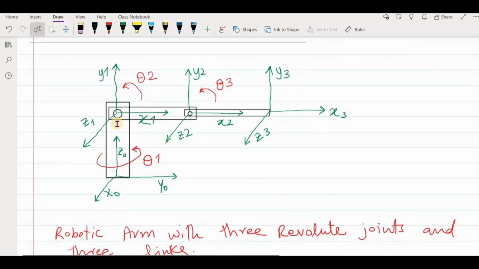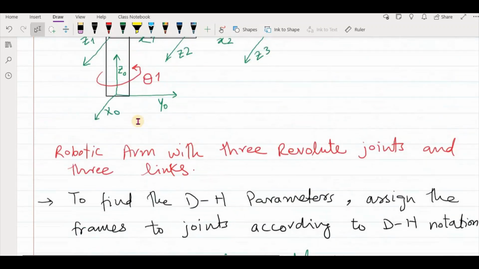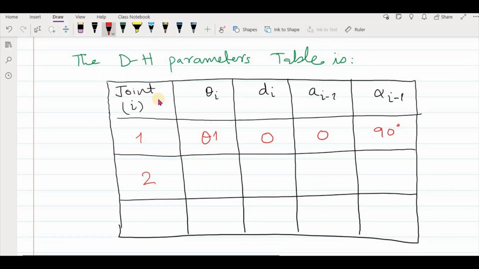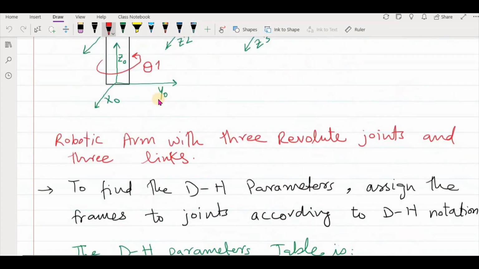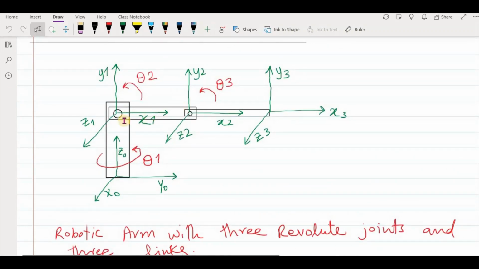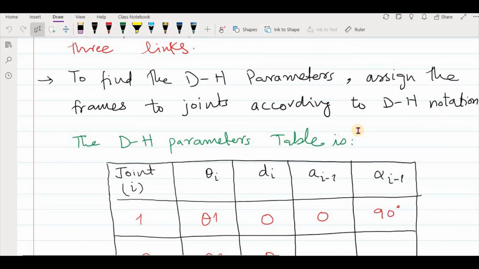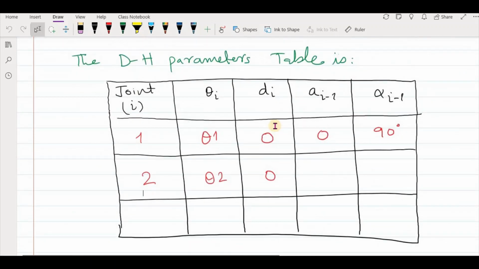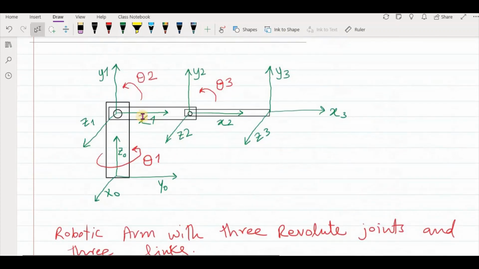For joint 2, first the angle of rotation of this joint about the z-axis is theta 2, so we can just write here theta 2. The offset again is 0, and the link length, which is the distance between the z1 axis and the z2 axis, is L1.